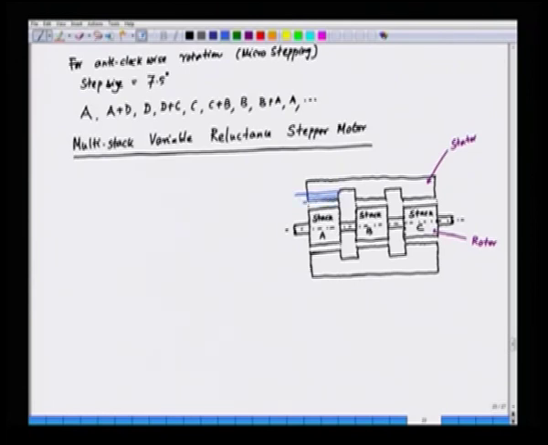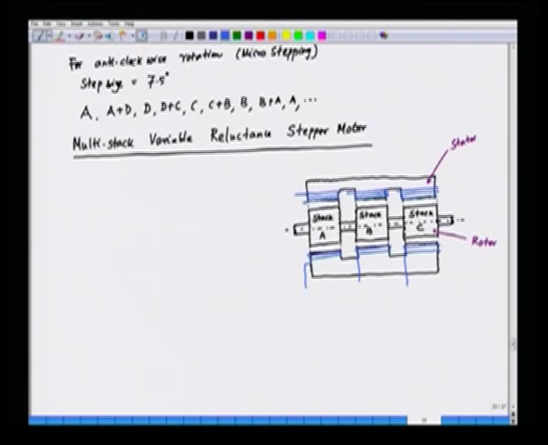Then similarly, stack B of the stator is having a winding, and the other windings are also here. So, we have the windings for the stator on the other side, and for stack C we have the windings here, and these are all series connected.